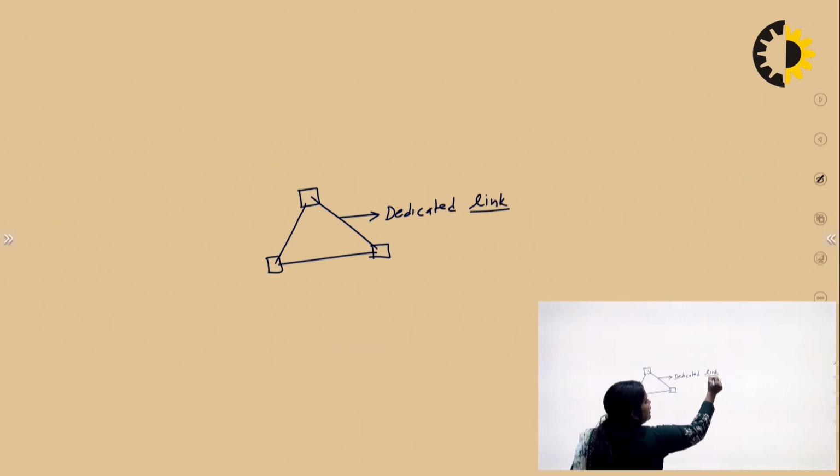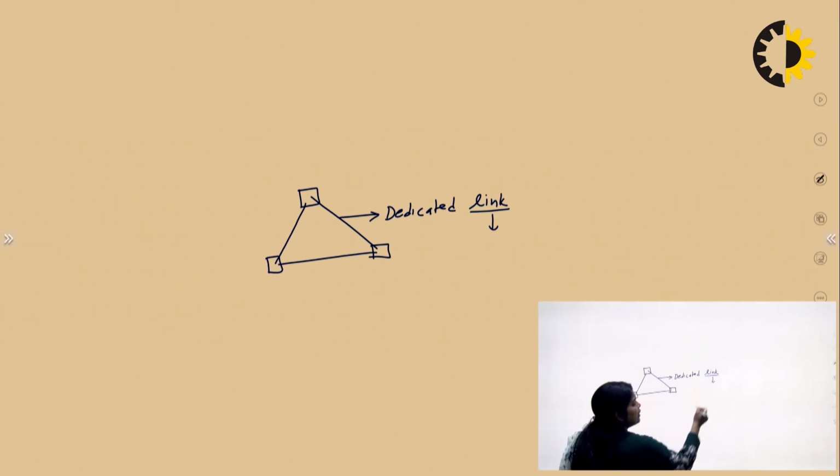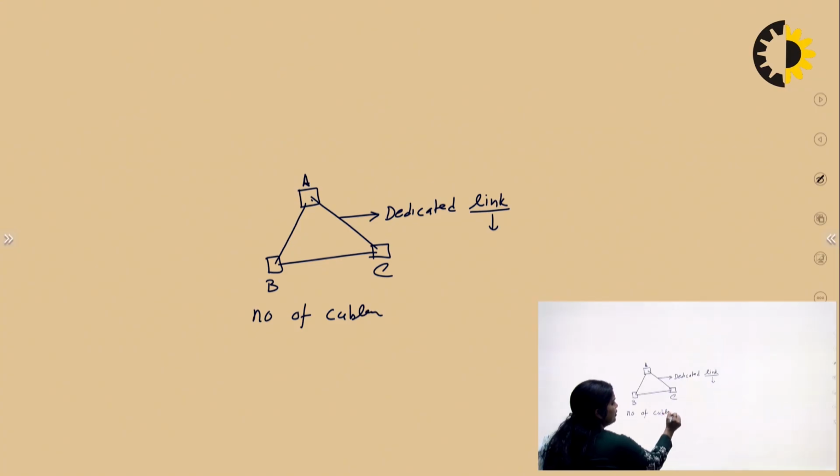A link is the transmission media, which can be guided or unguided, but it is a dedicated link. A, B, C are connected with dedicated links. If there are 3 nodes, in this example the number of cables required is n into n minus 1 by 2.